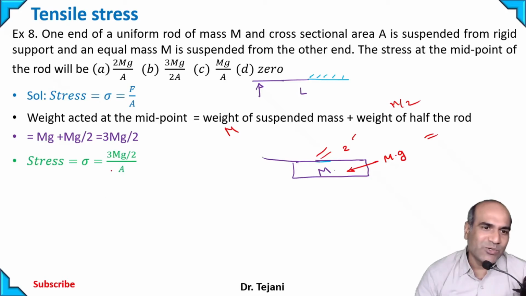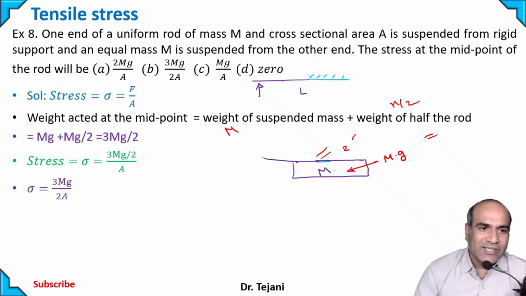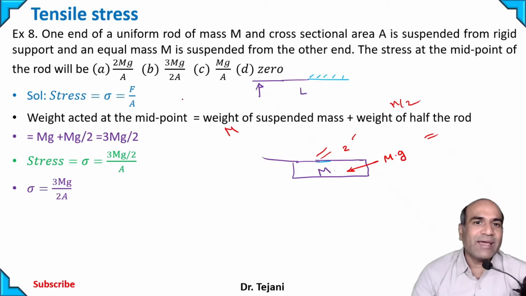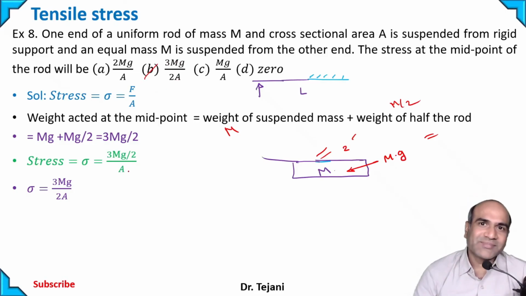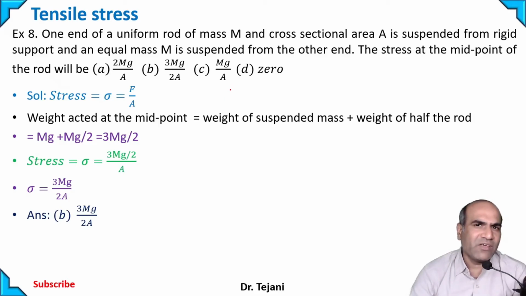So now stress is equal to 3mg by 2 divided by area. So sigma is equal to 3mg by 2A. So which one is the correct one? B, 3mg by 2A. So answer number B is the correct answer. Very simple question, and this kind of simple question will be there in the JEE and NEET examinations. So be ready for that.